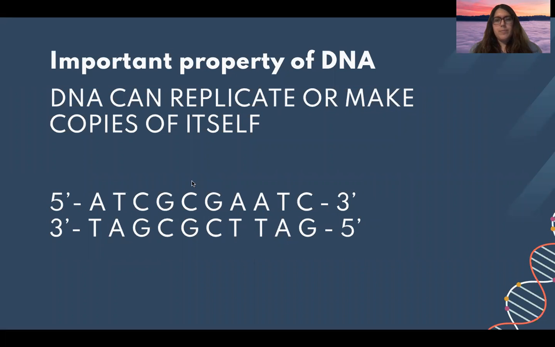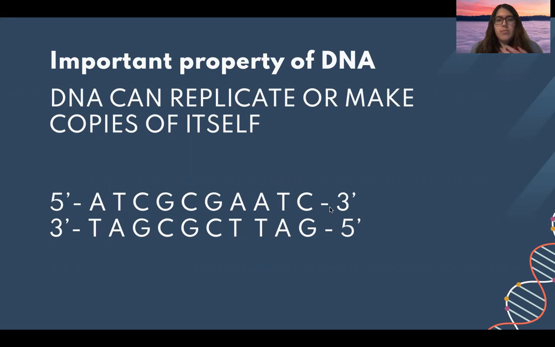So when I look at my DNA strand, typically you guys are going to see it in this format on paper. My 5' starts, so this is where my DNA starts on this side, and then I have my bases. See how I paired them up: A and T, T and A, C and G, G and C, C and G, G and C, A and T, A and T, and so on and so forth, right?